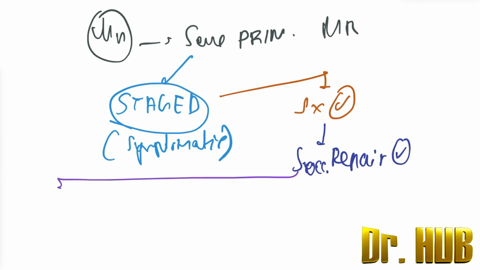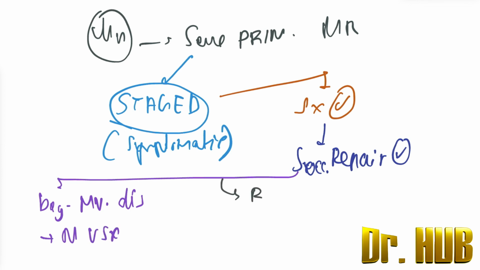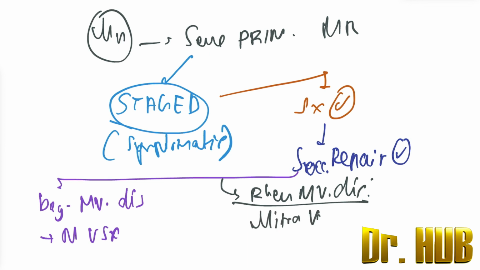One is degenerative mitral valve disease, where mitral valve surgery is done. Next is rheumatic mitral valve disease, where mitral valve surgery is also done.